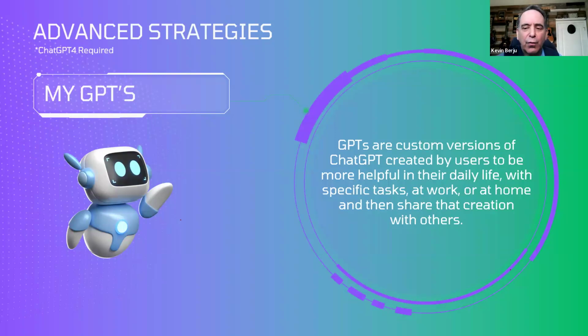Anyone can build their own GPT. You don't need to be a coder. You can make them for yourself or for anyone you want to share them with. Here's why this is useful, because I always look at, okay, how does this work for me?